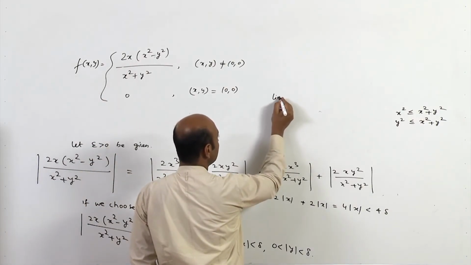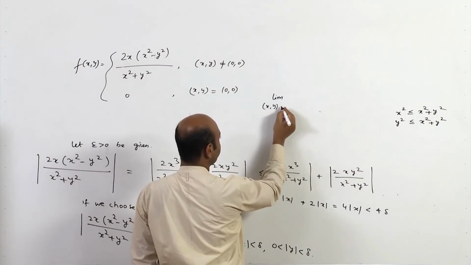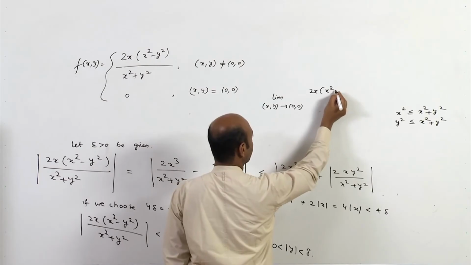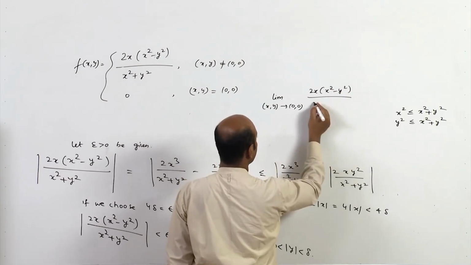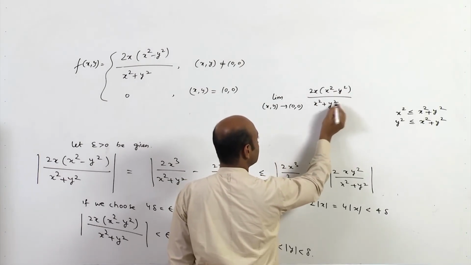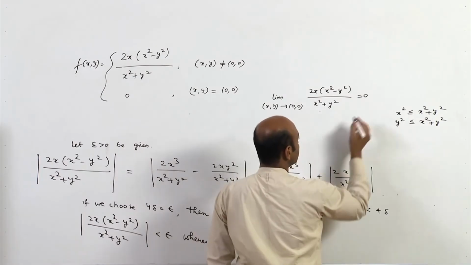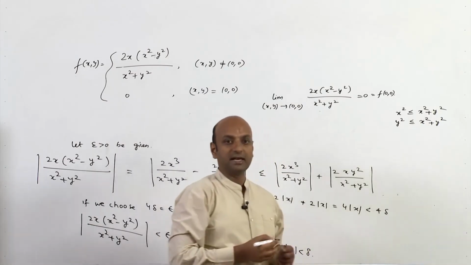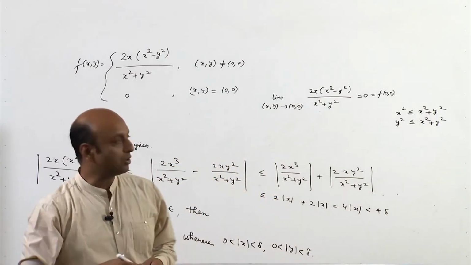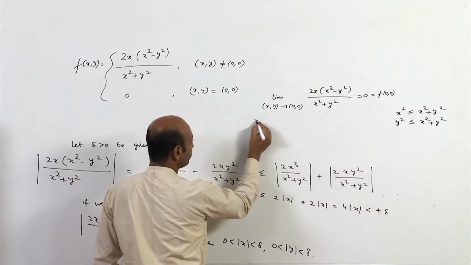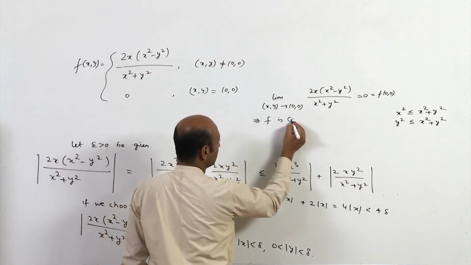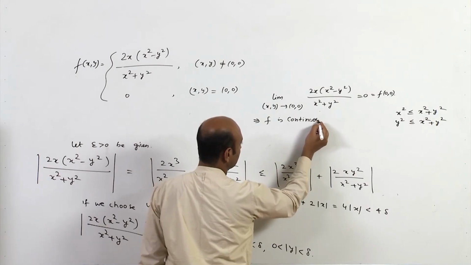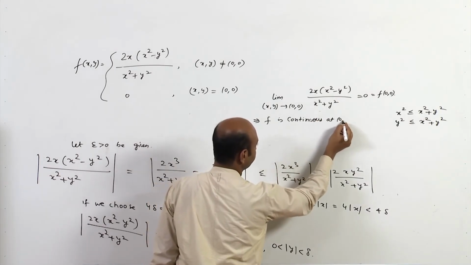Hence, we can say that this limit exists and is equal to 0, which is the value of the function at 0 comma 0. Hence, we can say that the function is continuous at origin. So this implies f is continuous at origin.